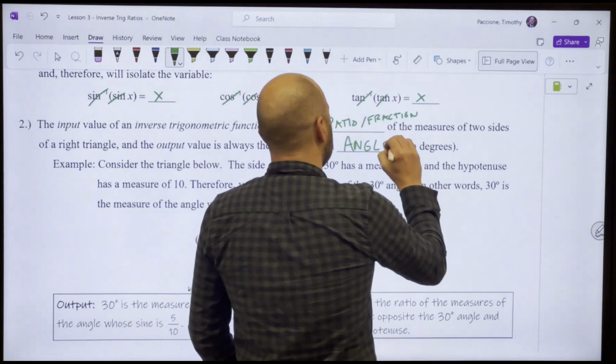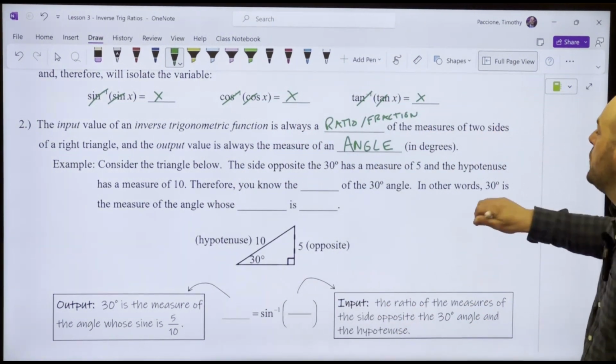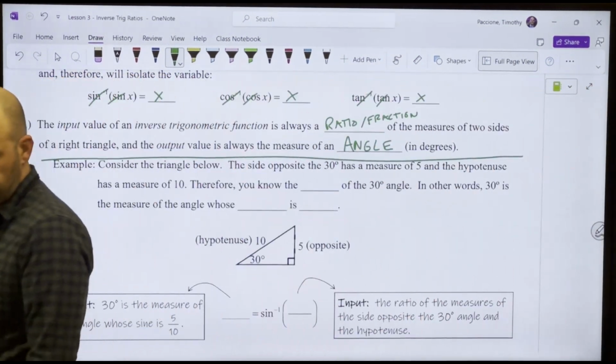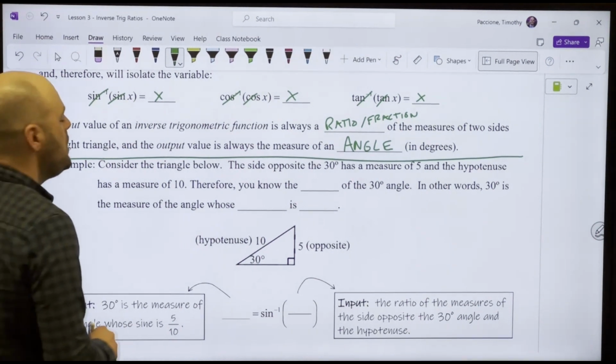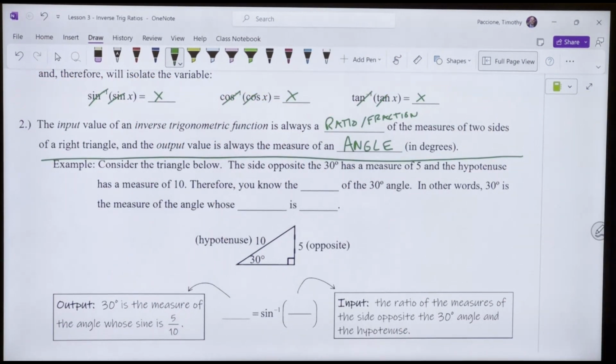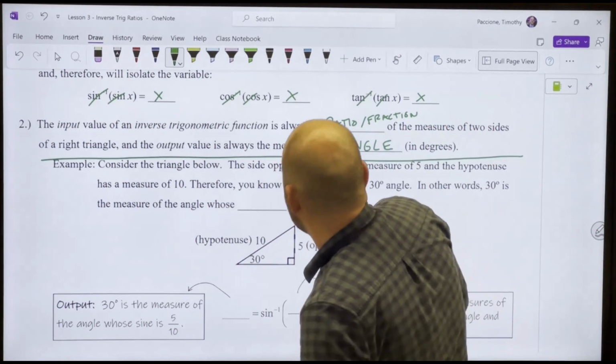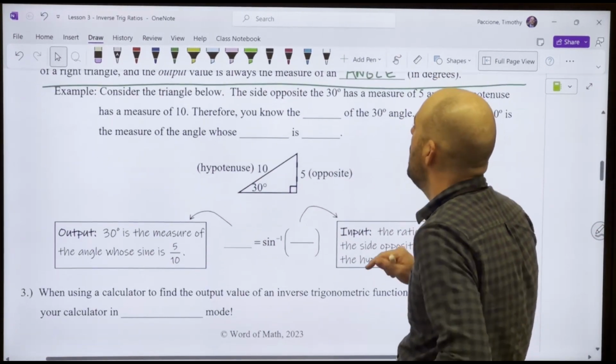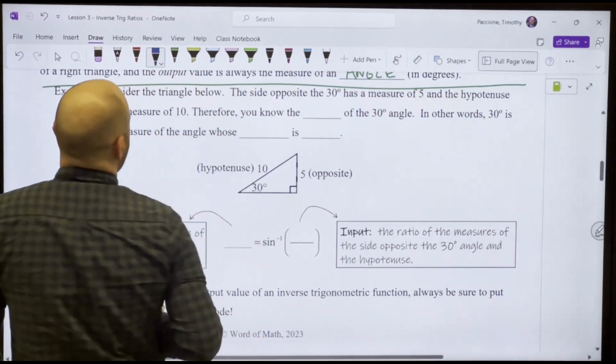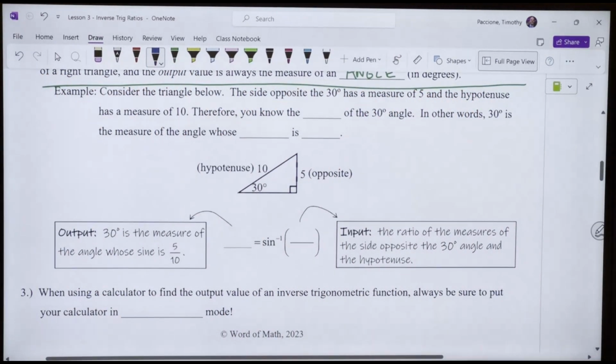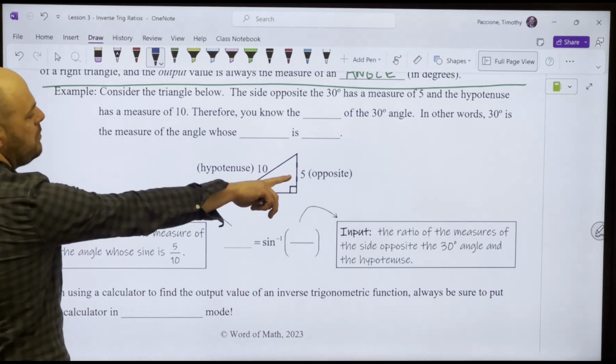An angle, right? So, for example, here's an example below. Okay? Consider the triangle below. We're going to start with something where we have all the pieces, and we just got to make sure we can set it up. The side opposite of 30, we know, it's 5.